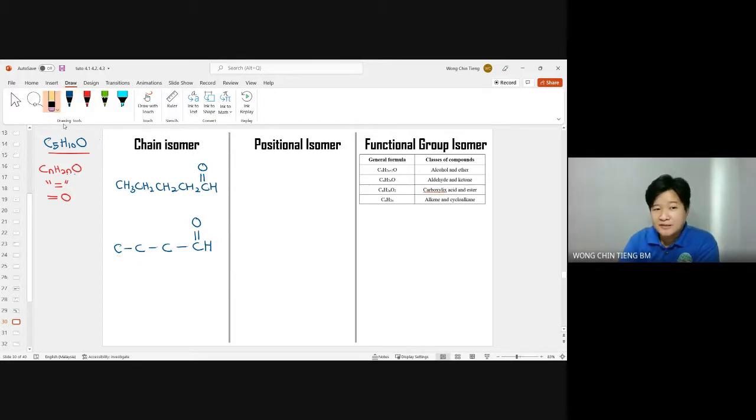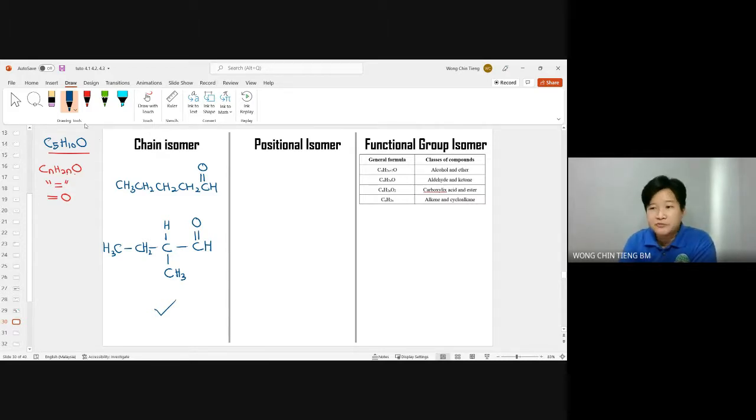Ikutlah. Kita letak mana-mana. So saya letak 2 katakan. CH3. And then we are not done. Kita lengkapkan dengan hydrogen. Make sure you can count 1, 2, 3, 4. 1, 2, 3. 1 more. 1, 2. So 2 more. 1. So 3 more. Okay. 1, 2, 3, 4. Make sure boleh kira. Okay. Done. Chain isomer. Positional isomer juga.